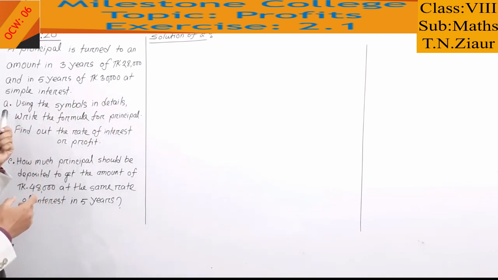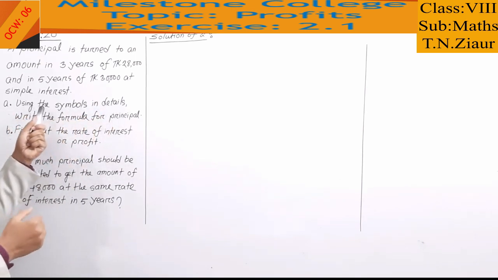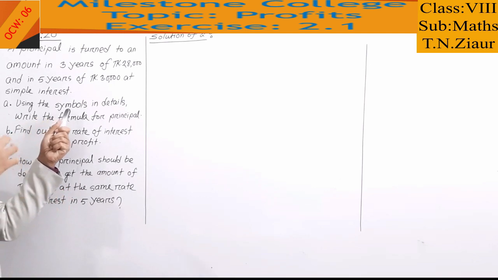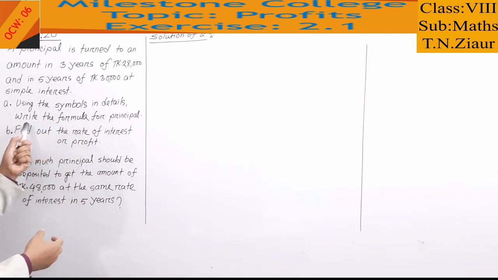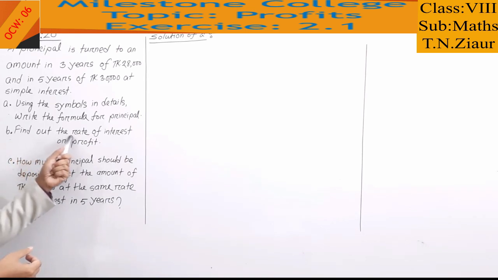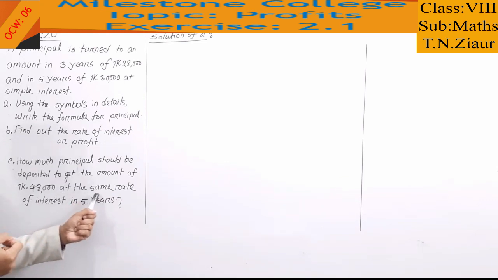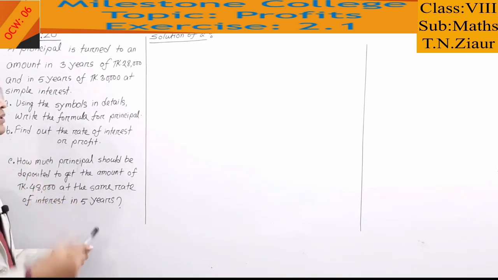A number question: using the symbol in details, write the formula for principal. B number question: find out the rate of interest or profit. C number: how much principal should be deposited to get the amount of 48,000 at the same rate of interest in 5 years.